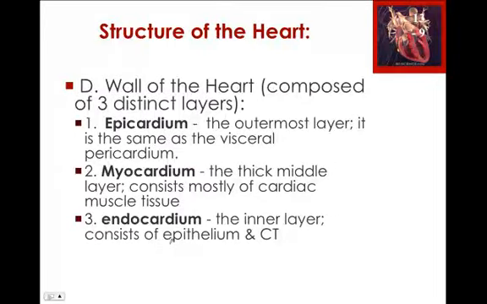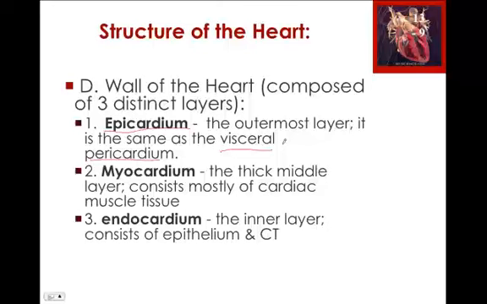So then you get into the walls of the heart, or the wall of the heart, and that consists of three major layers. We have the epicardium, which technically is the visceral pericardium. So this is what we consider to be the outermost layer of the heart. It's kind of weird because the visceral pericardium is considered to be both the outermost layer of the heart and also the innermost layer of the pericardium surrounding the heart.